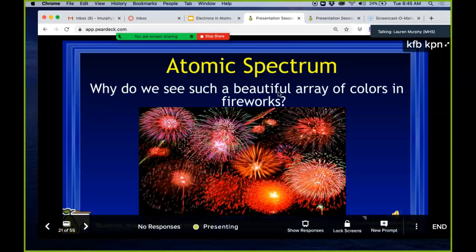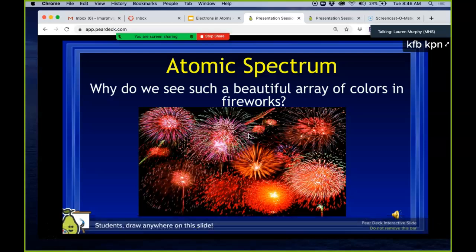So these are fireworks. This is light being given off, right? You provide energy and then they burst into these beautiful colors. Most of these colors are made by chemicals. So elements, when provided energy, can give off different forms of radiation. And when I say radiation, I'm not necessarily talking about dangerous radiation, right?